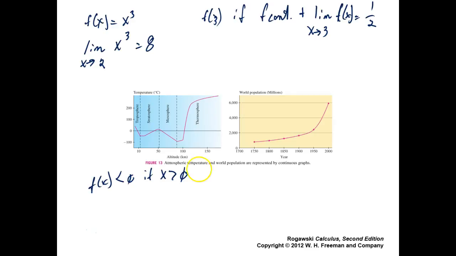And we also know that f of x is greater than 1 if x is negative, so that means less than 0. Can f be continuous at 0?